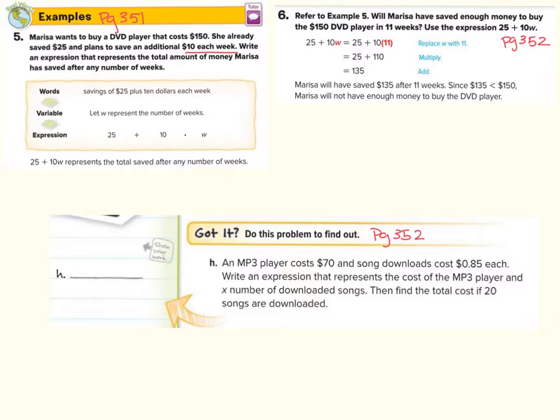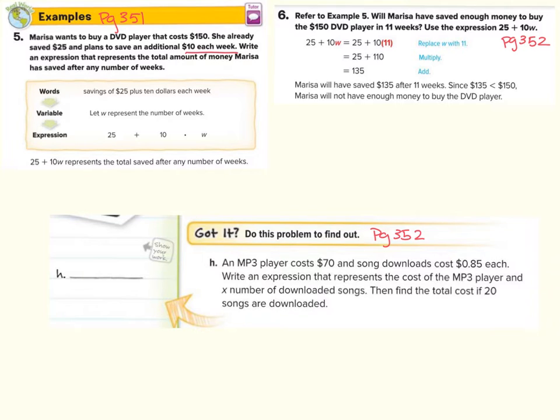Now, referring to number 6, this example is on page 352 in your workbooks. So you have the written expression, but then they give you information to actually substitute within that expression that you just wrote. So they give you 11 weeks.